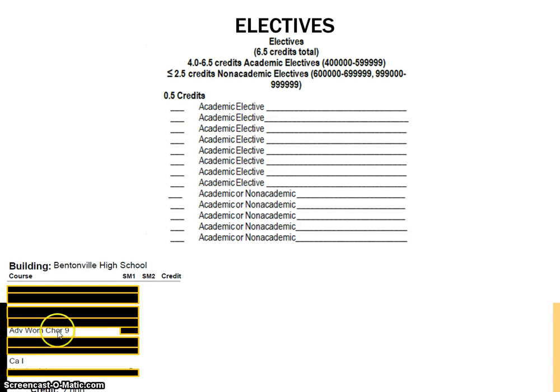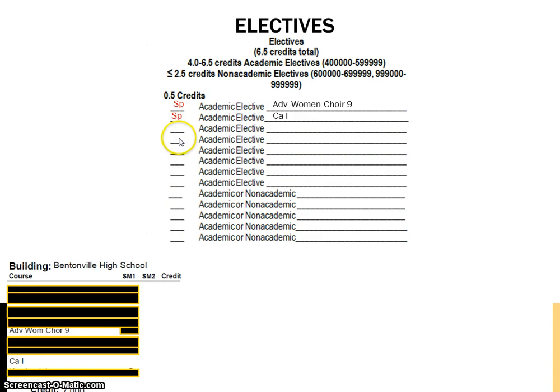So Advanced Women's Choir 9 for second semester, that grade is awaiting posting. We have not posted that grade yet, but we can enter a placeholder for Advanced Women's Choir 9 for their spring grade, and also a spring grade for CA1.